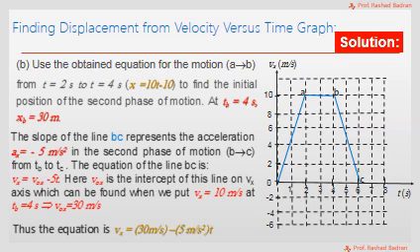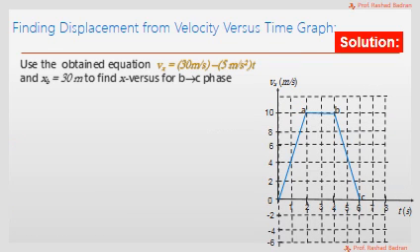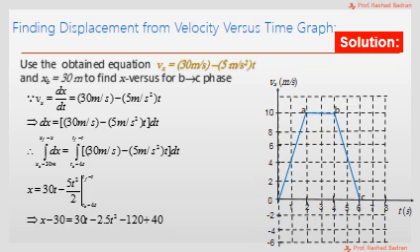So we're going to use this velocity as before in order to get the position of the particle at this phase. Using the obtained velocity, Vx equal 30 meters per second minus 5 meters per second squared t, and writing the velocity as dx over dt from the definition, we then take the integration of both sides, the left side with respect to x and the right hand side with respect to t.